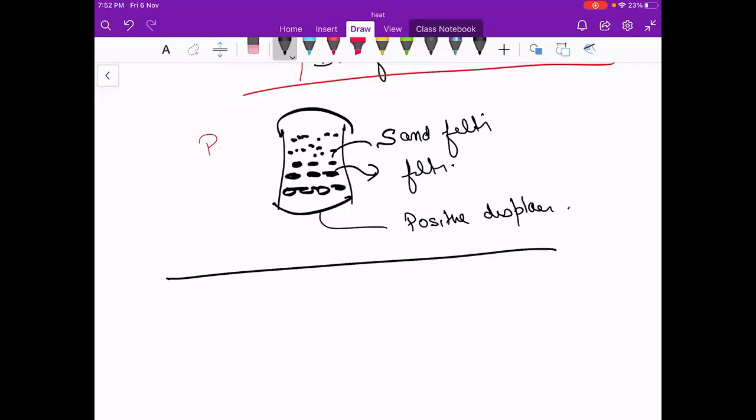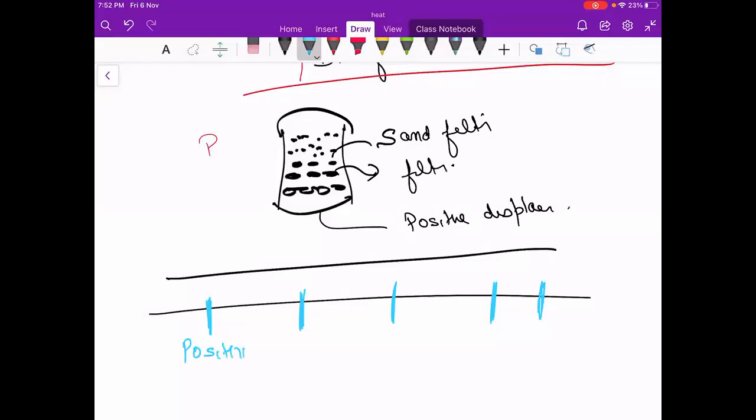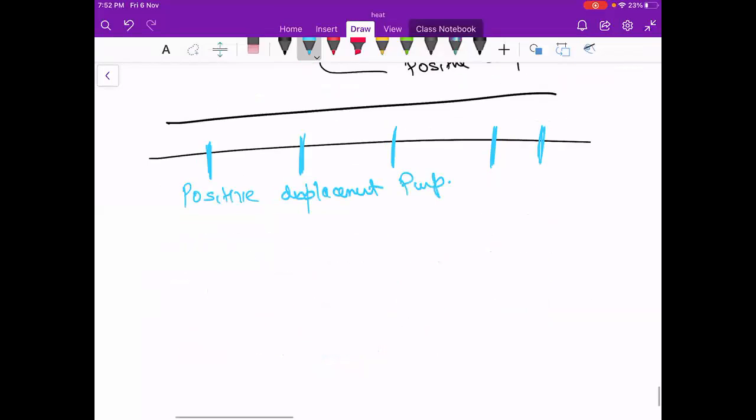Suppose this is a pipe and you need to dose some chemicals here, you want to enter some drops of chemicals there, so we will be using a positive displacement pump. Similarly, if you want to give an injection to our body, it is a syringe, like a piston.